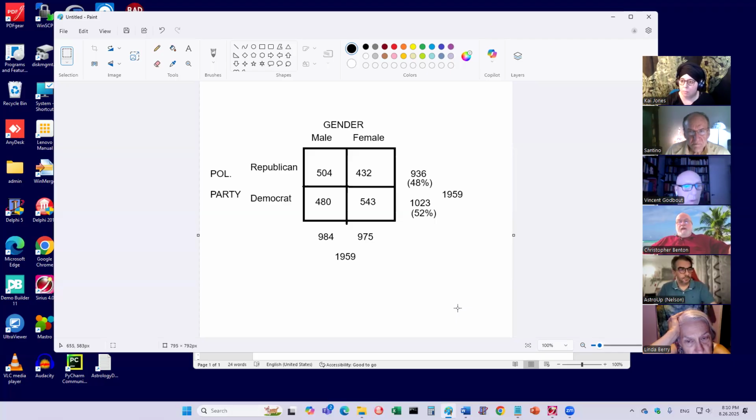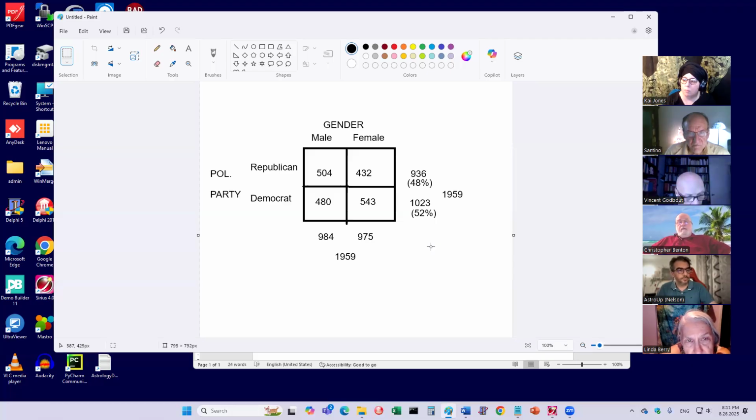And then you do the same thing for female Republicans: you take that column total of 975 times the row total, 936, divided by the grand total. That gives you the expected value up here. And then you do a similar calculation to get the expected values here. You take the column total, 964, times the row total for the Democrats, 1,023, divided by the grand total.